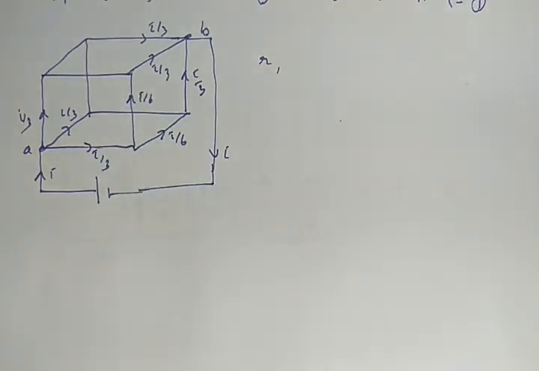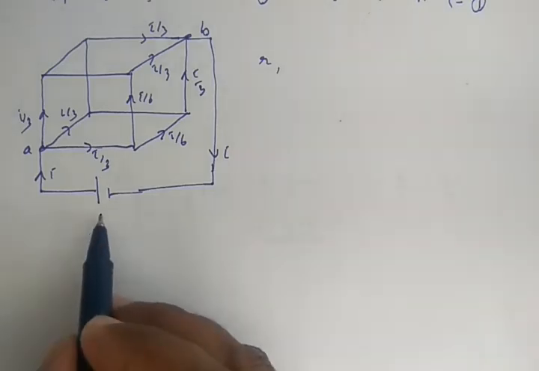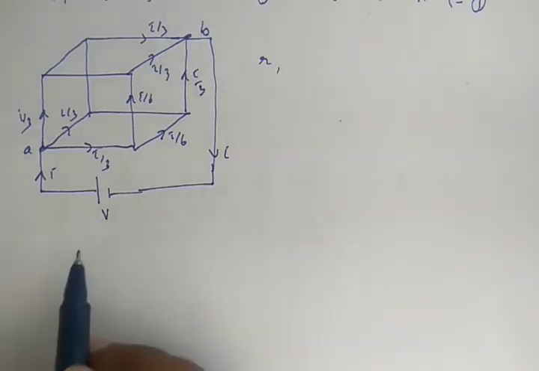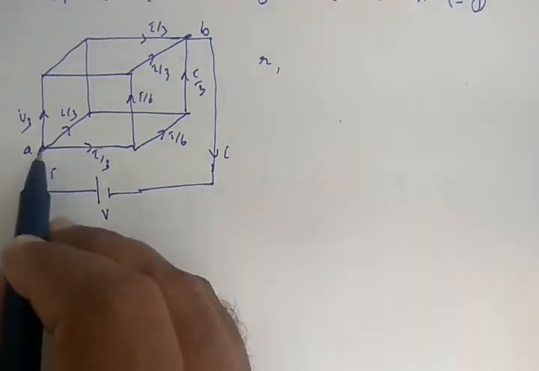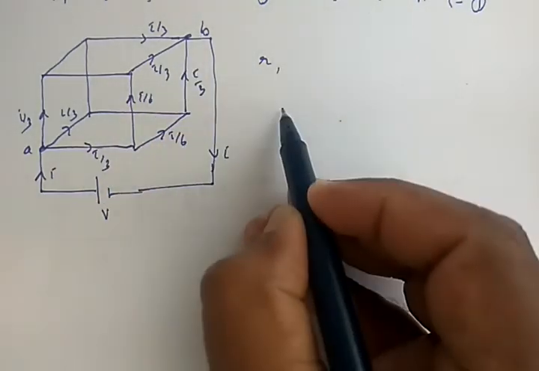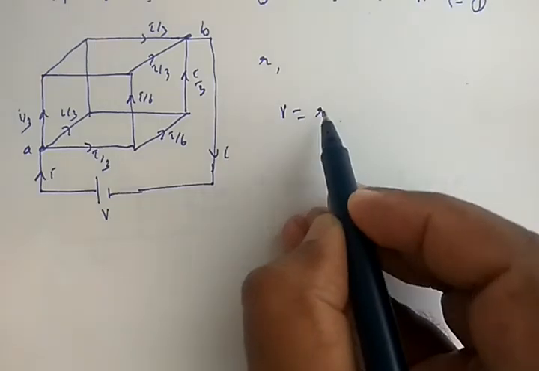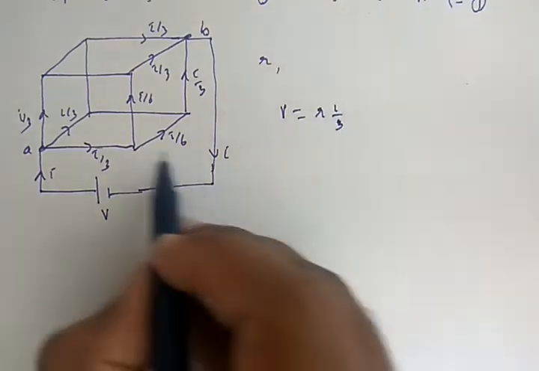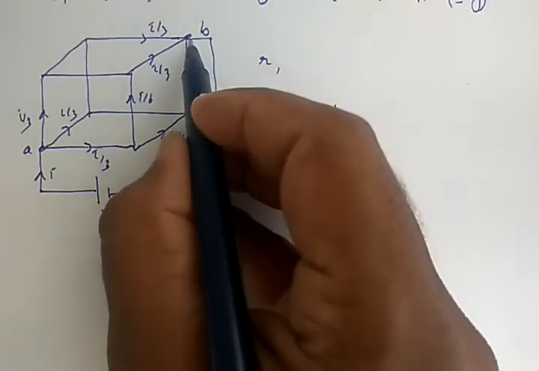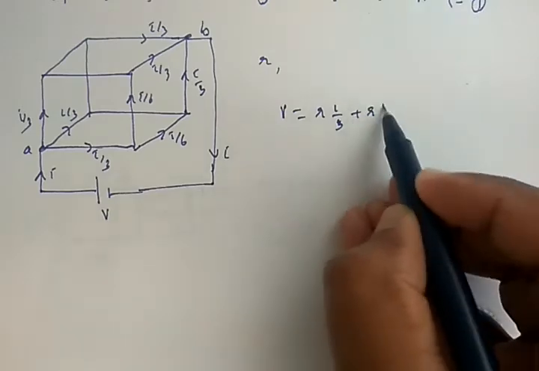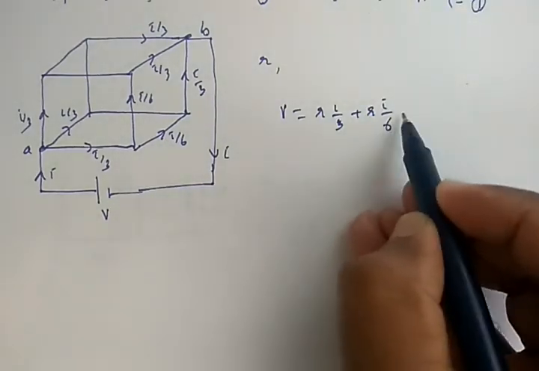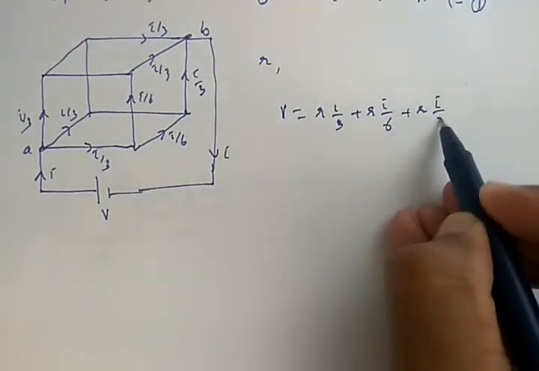So now if V is the voltage difference, you can take the voltage across A and B as V. Then V equals the voltage across this one, R into I by 3, plus the voltage across this one, R into I by 6, plus the voltage across that one, R into I by 3.